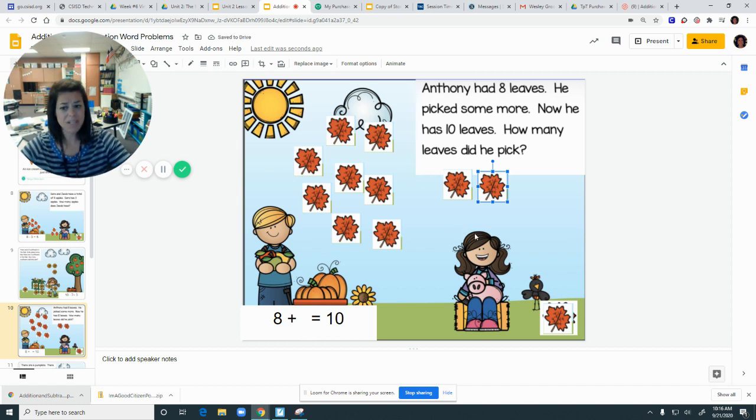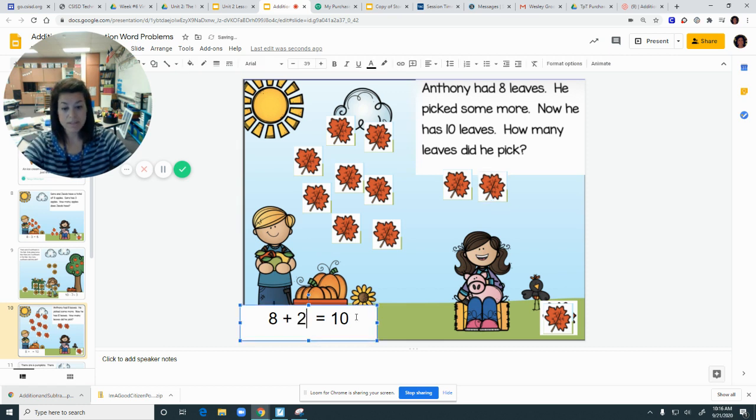How many leaves did it take me to get to 10? 2. So 8 plus 2 gets me to 10. How many leaves did he pick? How many more did he get? He got 2 more leaves. You're doing good. I know it's hard.